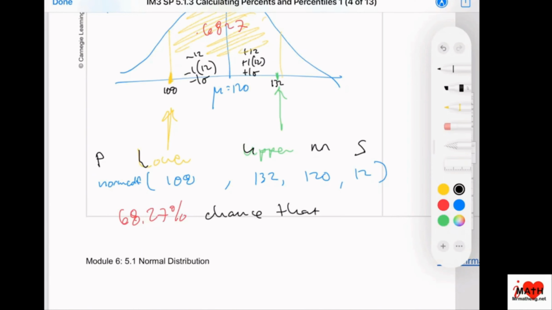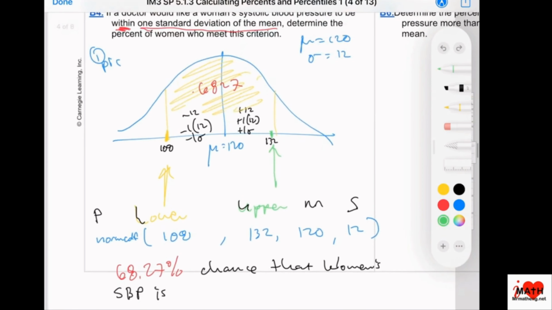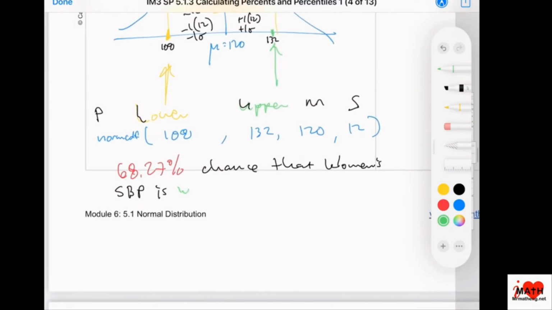Chance that a woman's systolic blood pressure is within one standard deviation.